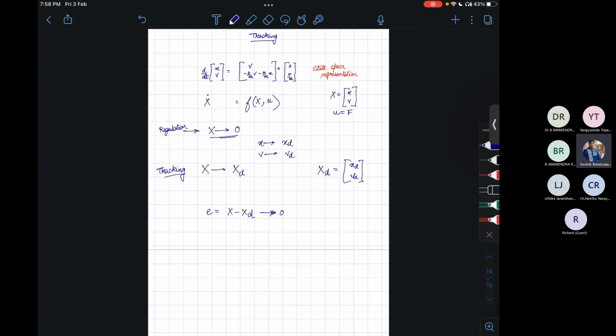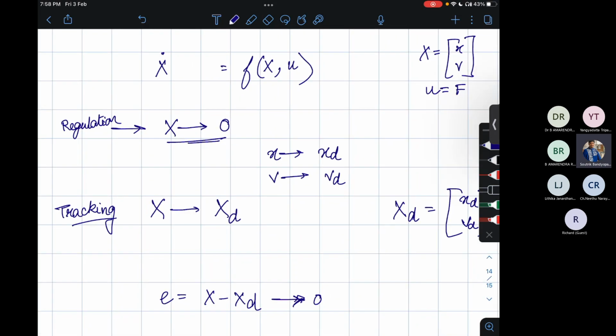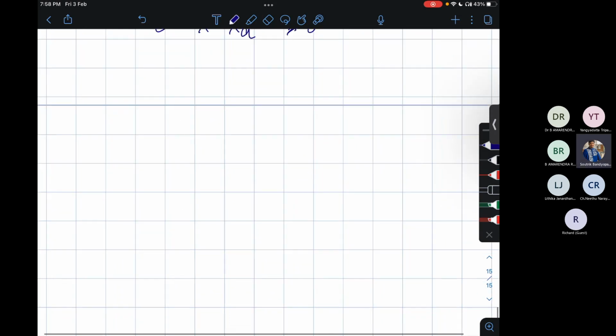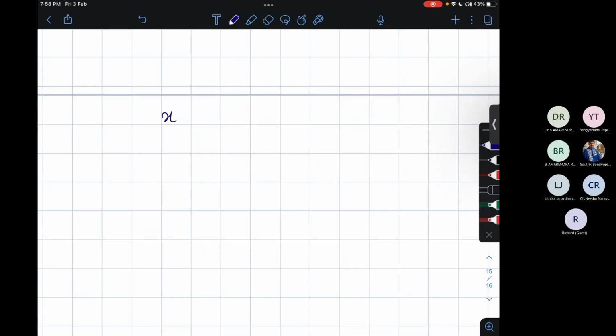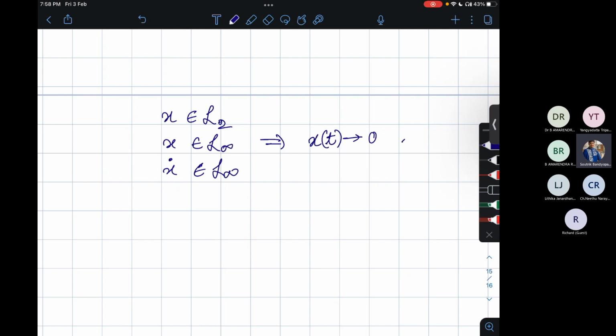So in either case, you want that the signals of interest must go down to 0. Now if you could show that state x is square integrable, state x is bounded, and state x is uniformly continuous, which means x dot is bounded, then you could prove definitively that x(t) would go down to 0 as t tends to infinity.